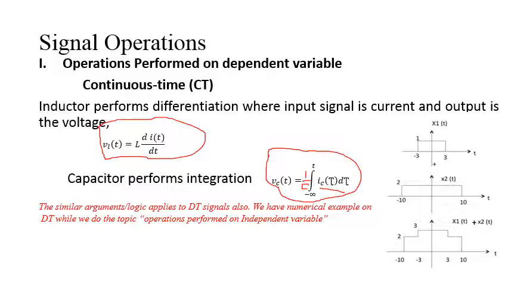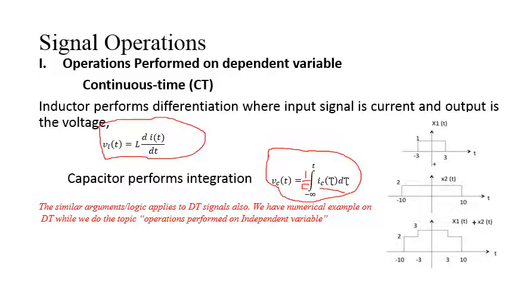Again, from 3 up to 10, this signal is 0, whereas the other signal is 2.